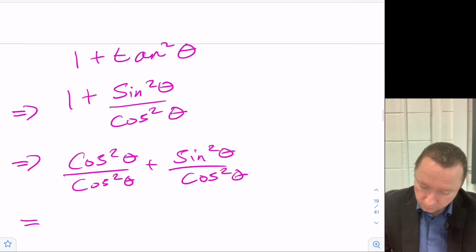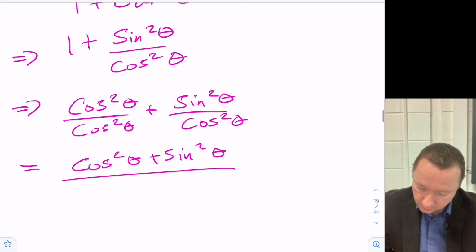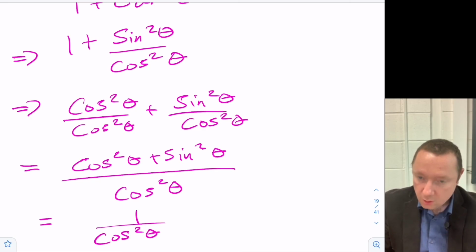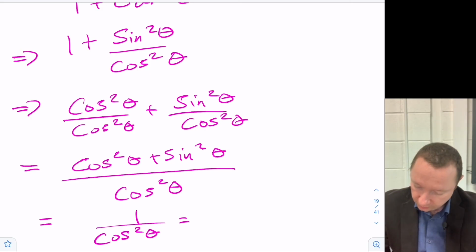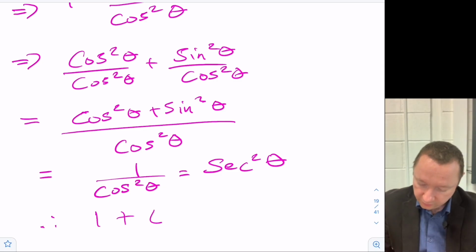That equals cos squared plus sine squared over cos squared. Cos squared plus sine squared is 1, so it's 1 over cos squared theta, which is equal to sec squared theta. And therefore we've proved that 1 plus tan squared theta equals sec squared theta.